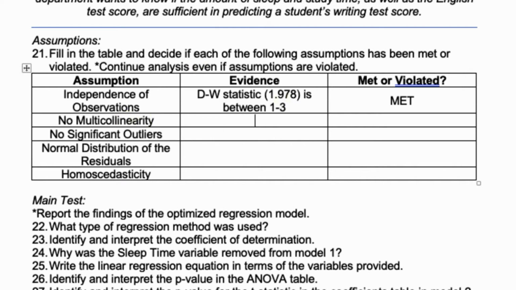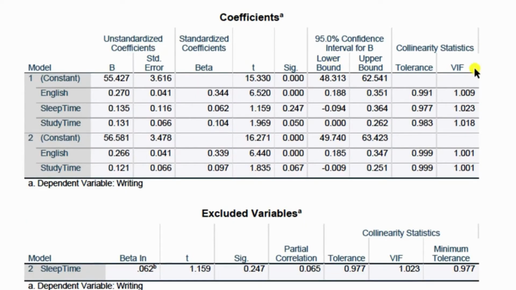Our multicollinearity statistics are going to be important for us this time because we actually have multiple independent variables that we're looking at. So we would find our collinearity statistics over here. And again, for multiple regressions, you guys will always be looking at the final model in the regression. So here we can see we've got tolerance values of 0.999, and we have VIF values of 1.001. Now, usually we say that if tolerance is less than 2, that is a red flag.